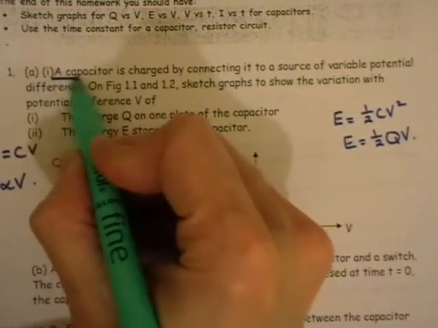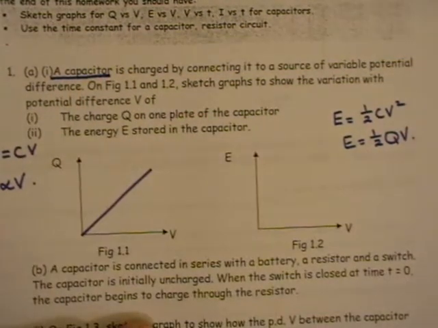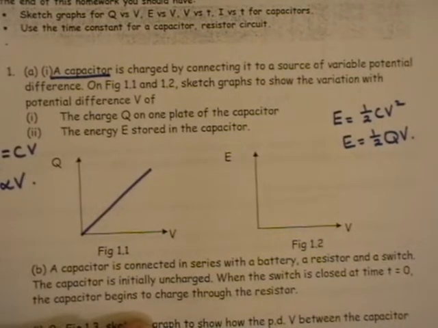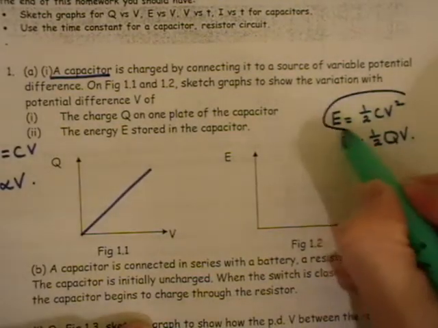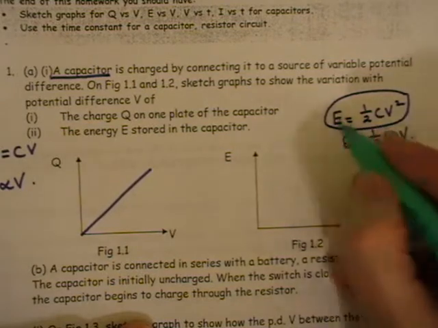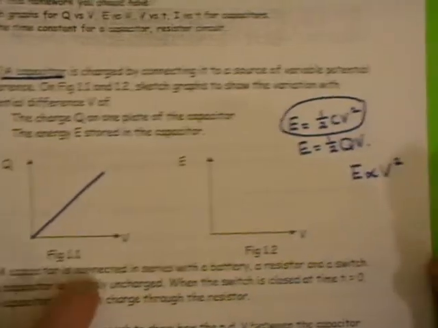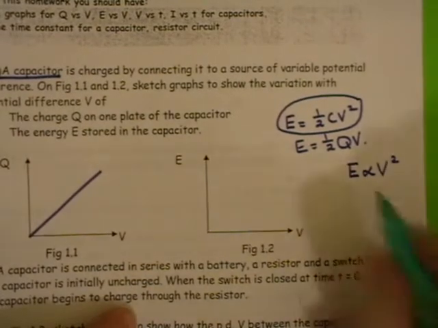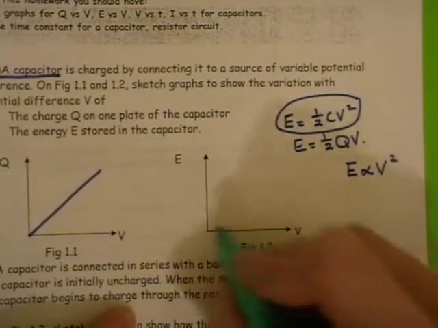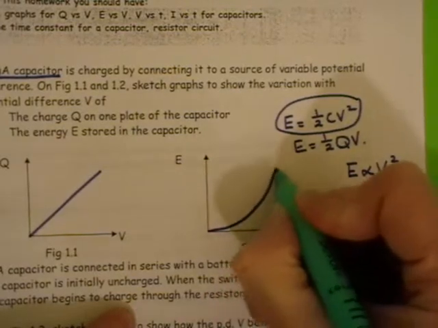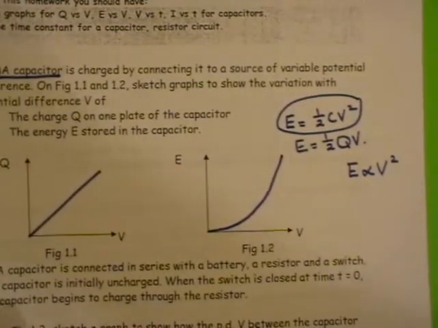And you can see it says in the question a capacitor, and so that capacitance isn't going to change. So this is the relationship we want to look at when we want to plot the graph, and we can tell from that relationship that E is proportional to V squared, and therefore if you're going to plot a graph of E versus V, it's going to be an upward curve like that there, and that's your answer to your second graph.